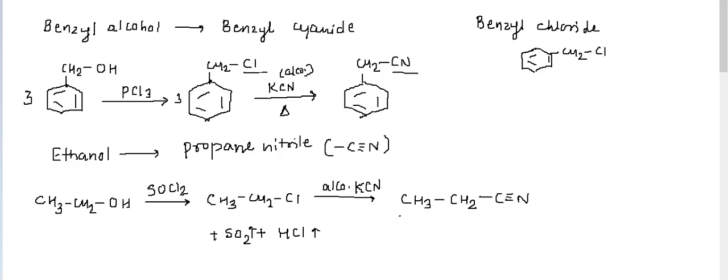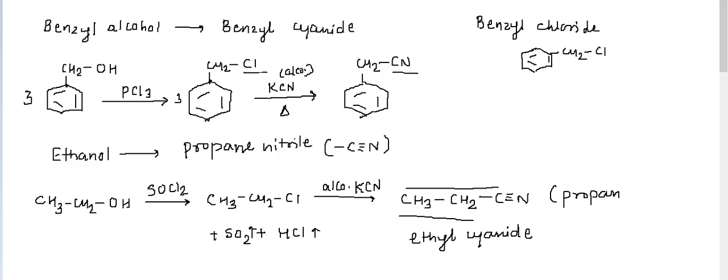We can call this compound ethyl cyanide, since there are two carbons, so ethyl and cyanide, or you can count all the carbons. 3 carbons are there, so you can write this name as propane nitrile. So this is how we can solve this problem.